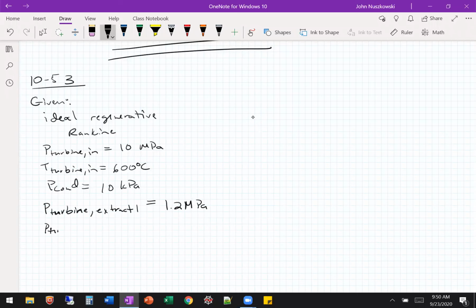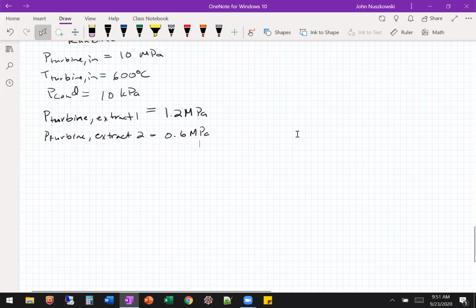There's a second one being pulled off at 0.6 megapascals.